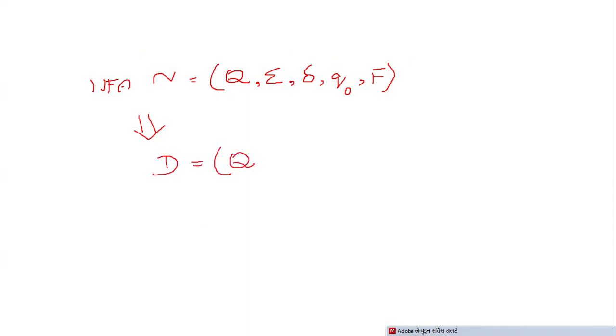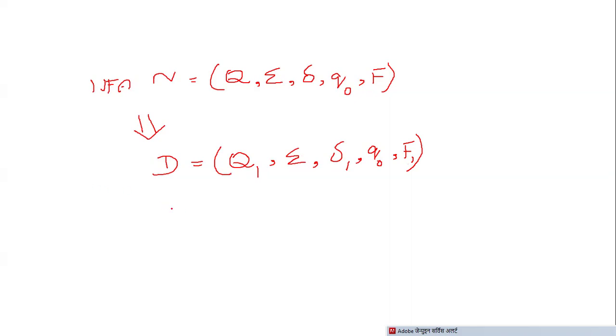Let us take Q1, comma, the input alphabet is going to be the same, sigma, then delta 1. The transition will be different. Delta 1, comma, the initial state is going to be the same, q0, and F1, the set of final states. This is a DFA. Now, our target is to determine an equivalent DFA for the given NFA.